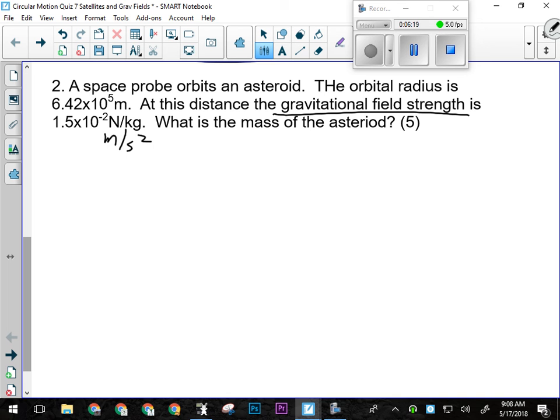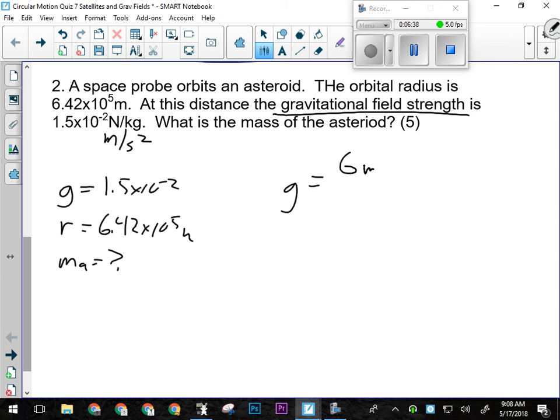All right, so we know the gravitational field strength, so we know little g, 1.5 times 10 to the minus 2. We know the orbital radius, 6.42 times 10 to the 5 meters, and we are looking for the mass of the asteroid. So little g equals big G times the mass of the asteroid over the radius squared.